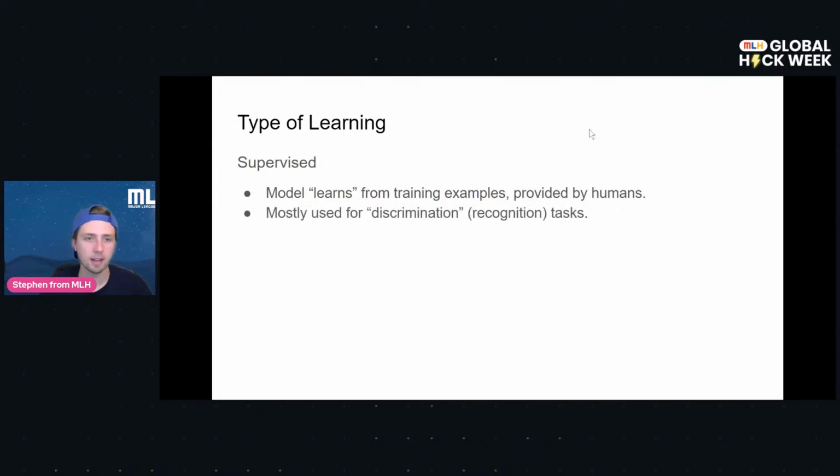And supervised algorithms are mostly used for discrimination. So that means recognition tasks. A lot of people think the word discrimination always means a bad word, but it's actually just a way to determine between two things, at least in this context. So we will split the data into training data and test data.